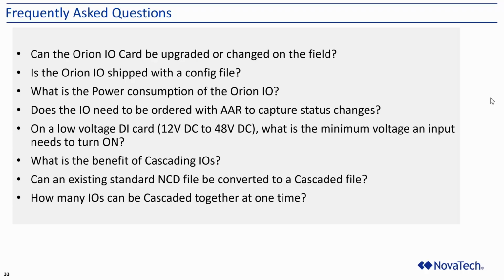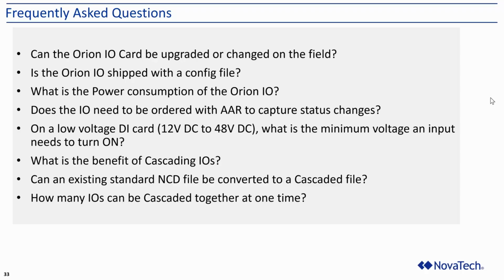What is the benefit of cascading Orion I/Os? Well, without cascading, you're going to have a config file for the Orion, and you're going to have a config file for each I/O. So if you have 10 cascaded Orion I/Os, you're going to have 11 configuration files. So that's one of the benefits.